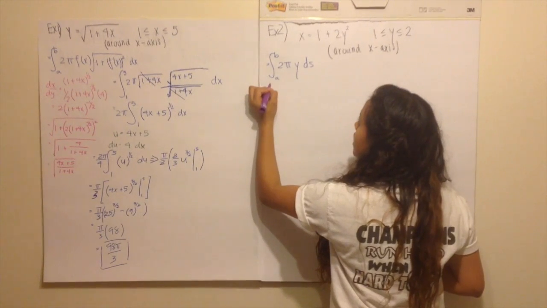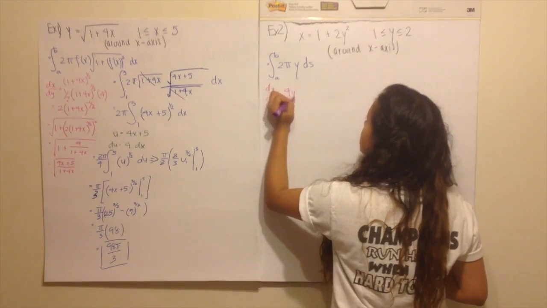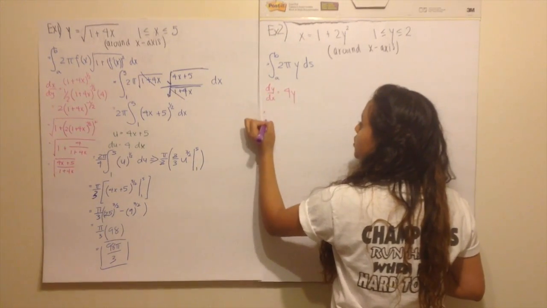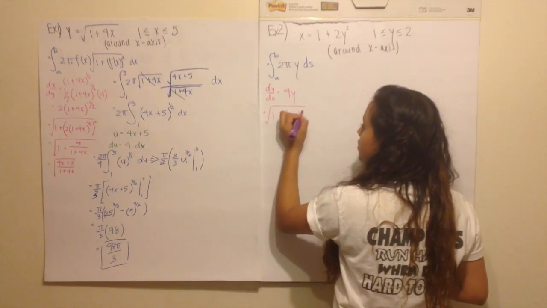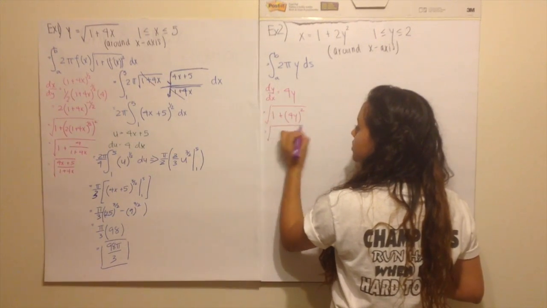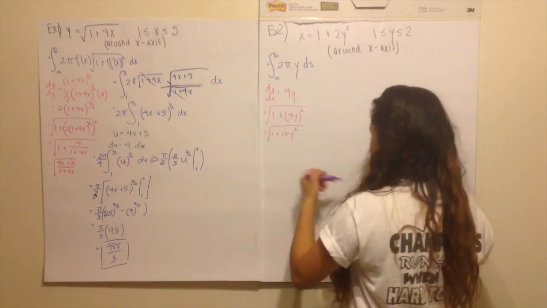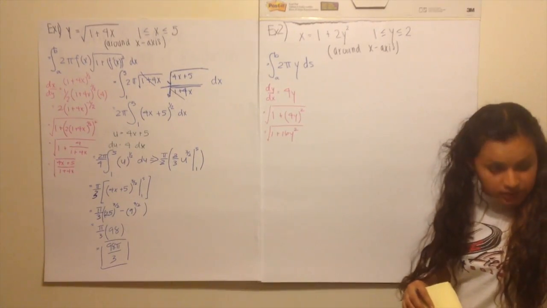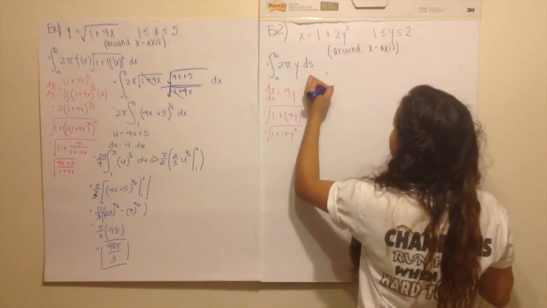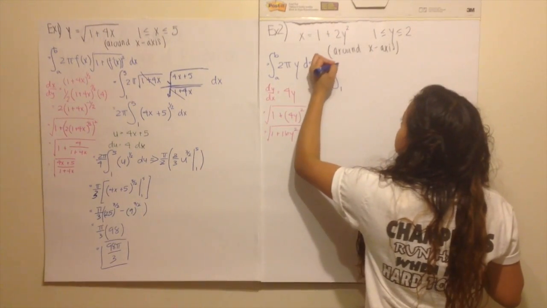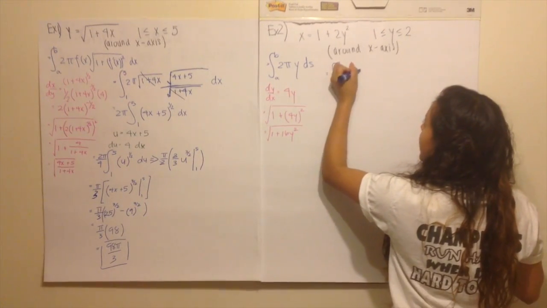So our derivative would be 4y, and when we put it into our arc length form, it's going to be 1 plus 4y squared, which we end up getting 1 plus 16y squared. Now that we have that, we put it back into our formula. So it's going to be the integral from 1 to 2, 2 pi y.